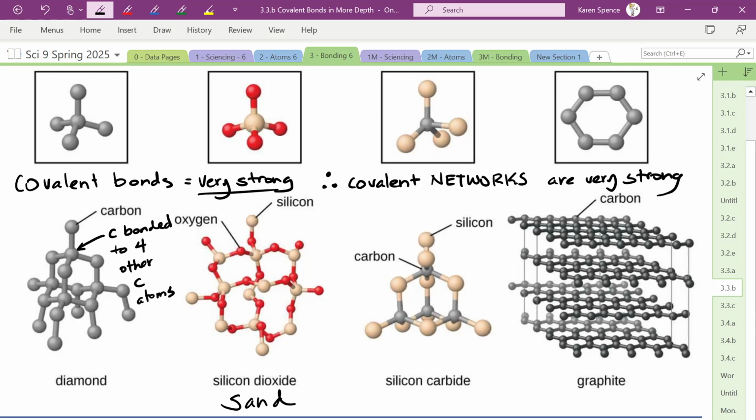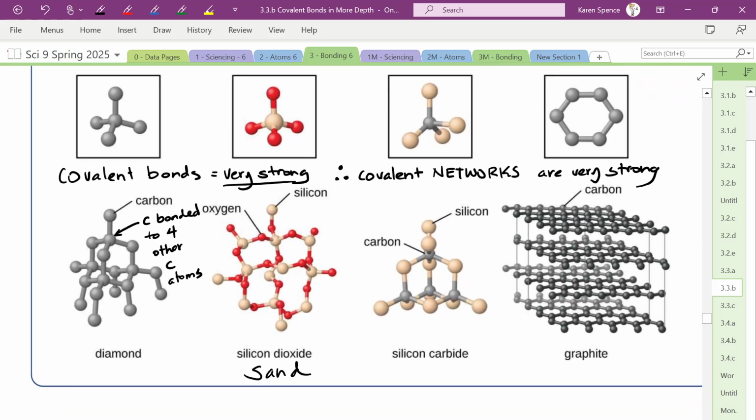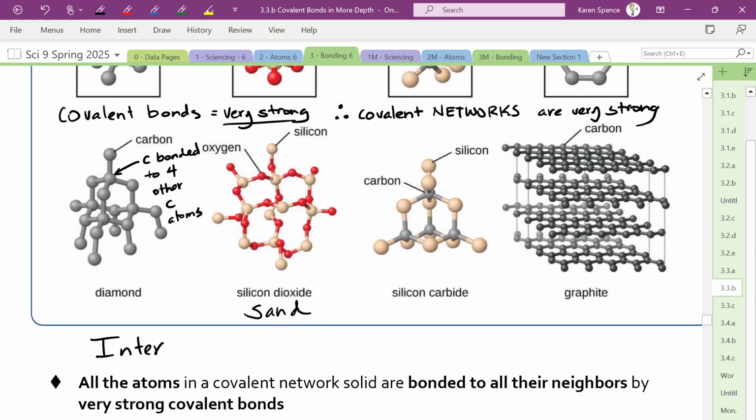So, intermolecular forces. Covalent bonds are very strong. Do you guys know what the prefix inter means? Inter actually means between. So if you go on an international flight, you are traveling between nations.